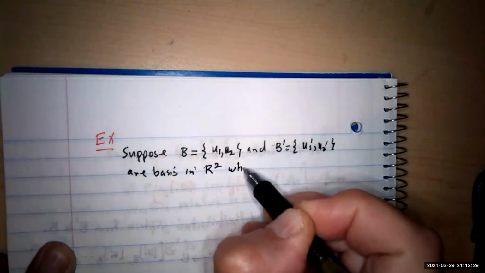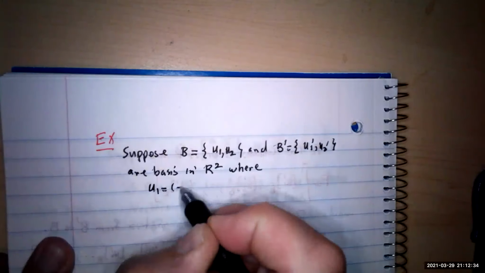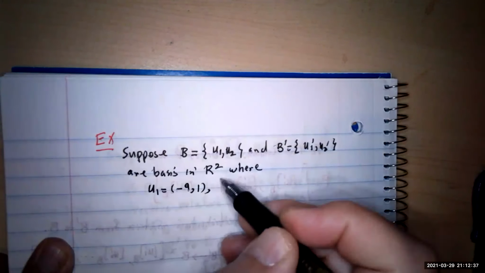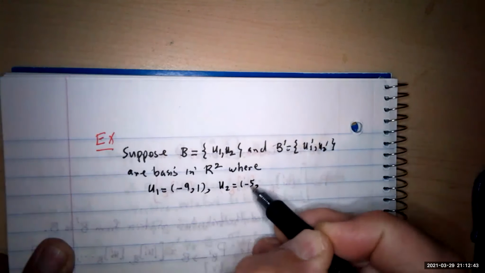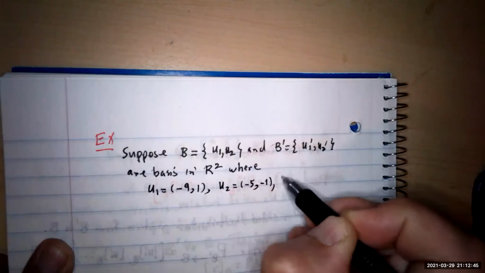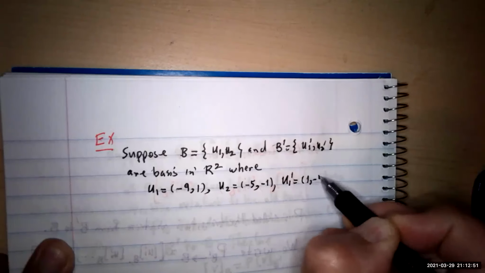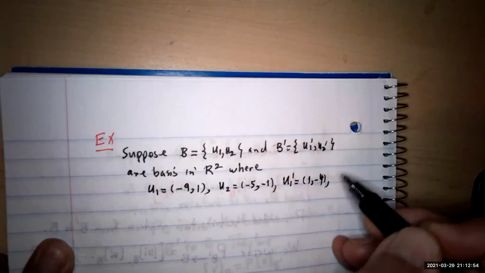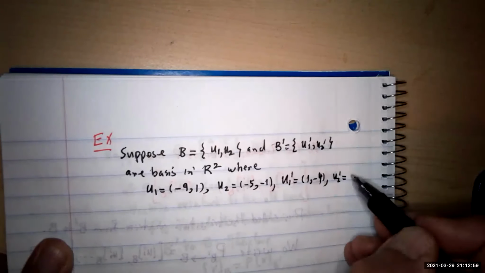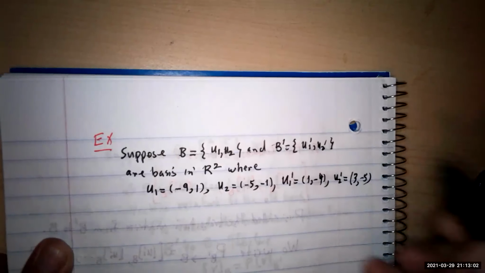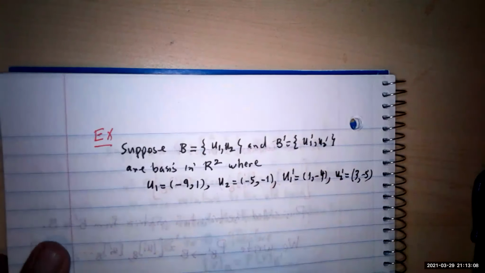U1 is equal to the vector (-9, 1). U2 is equal to (-5, -1). U1 prime is equal to (1, -4). And U2 prime is (3, -5). Okay, so what do you want?